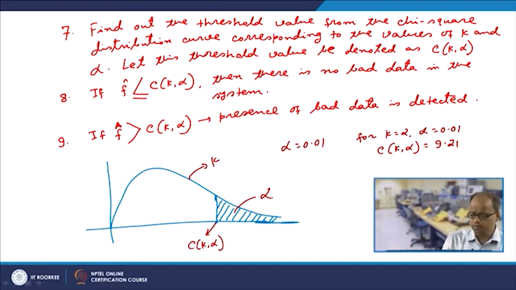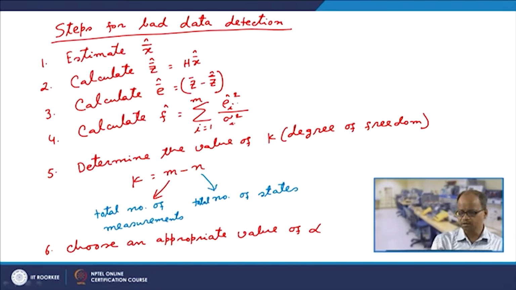Now, we need to understand on what occasion this value of f hat will keep on increasing. Please note that f hat is nothing but this quantity. So, this value of f hat will only increase if the value of E I hat increases. After all, sigma I square is constant. So, f I hat only increases if the value of E I hat increases.